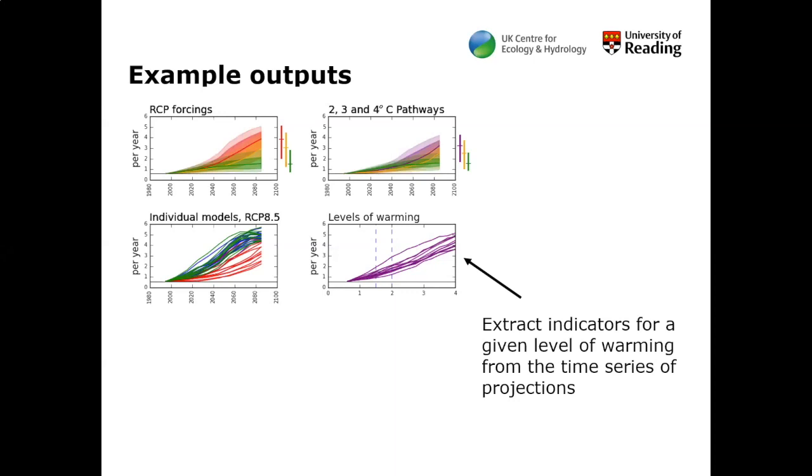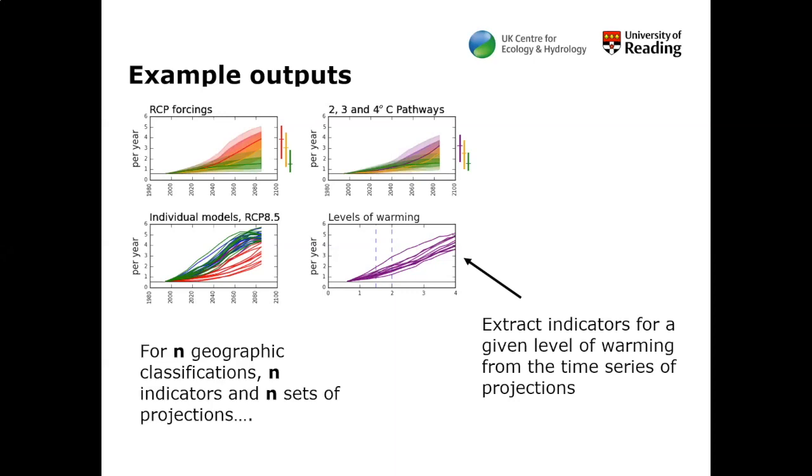And we've done that using what's known as the time sampling approach, where we just pick the time period where that target level of global average temperature warming has been reached. So we've got these for almost all our indicators, across n different geographic classifications, n different indicators and n different sets of projections.